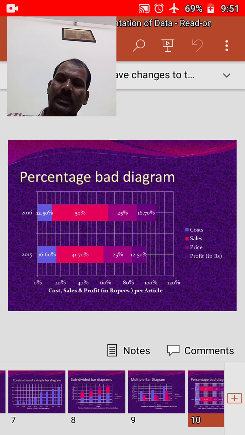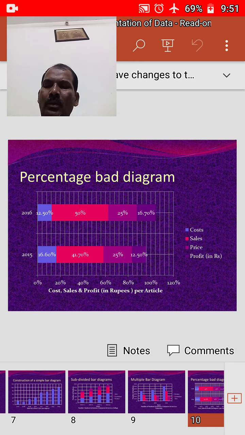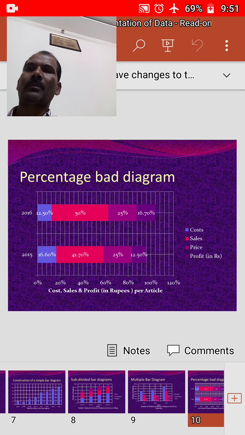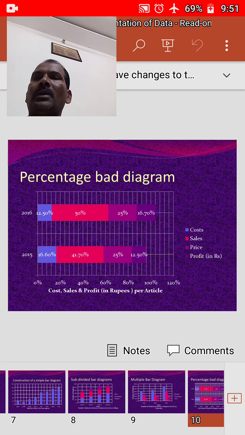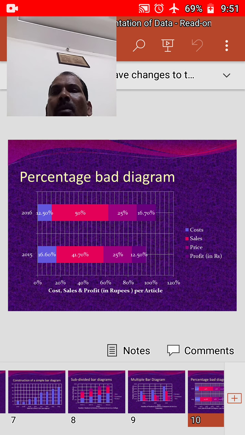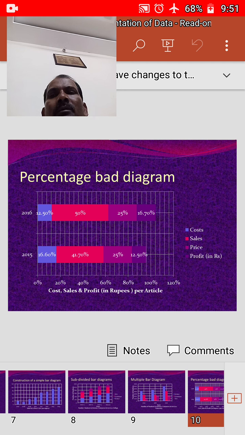The elements of cost, sales and profit per unit of article X for the years 2015 and 2016 are given here. In the problem, material, wages and overheads are given for the years 2015 and 2016 in rupees. When we add the material cost, wages for employees and overheads, the total for 2015 will become 35 and for 2016 it would be 50.